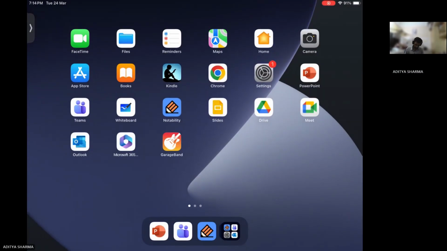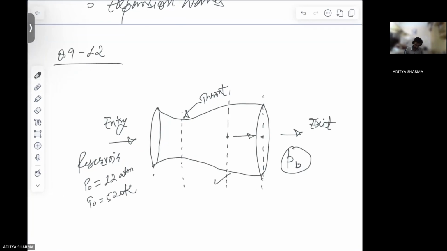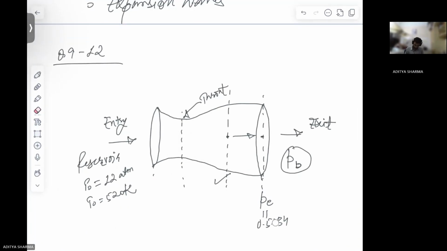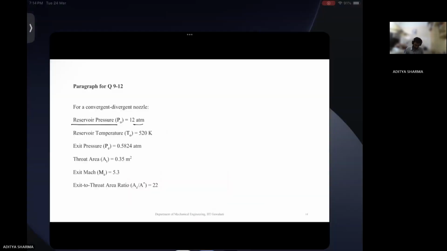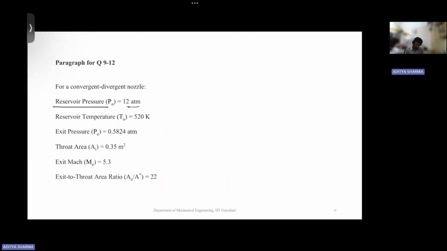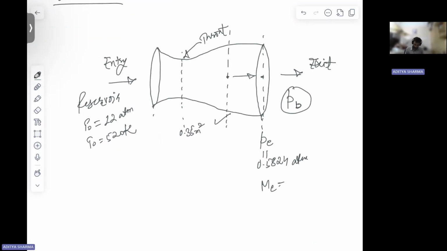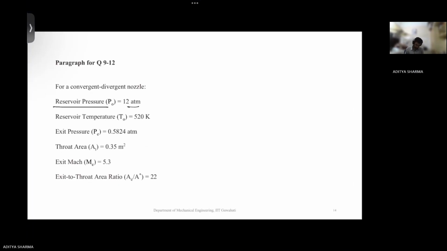Exit pressure is 5824 atmosphere. Throat area is 0.35 meters square. Then Mach at exit is 5.3.